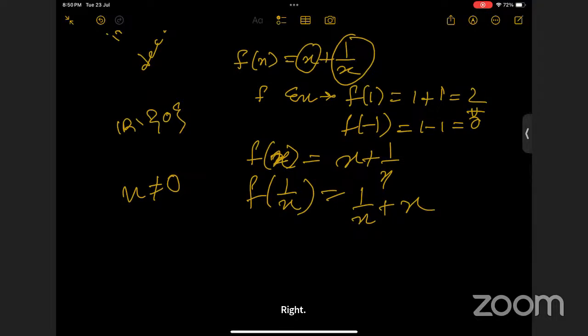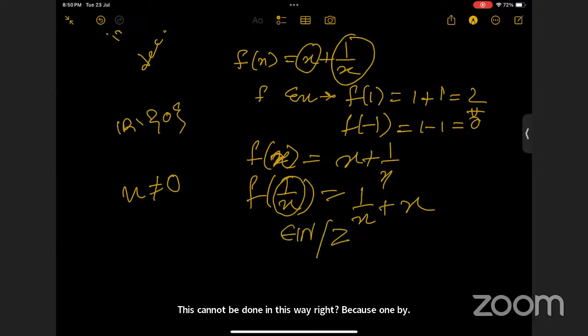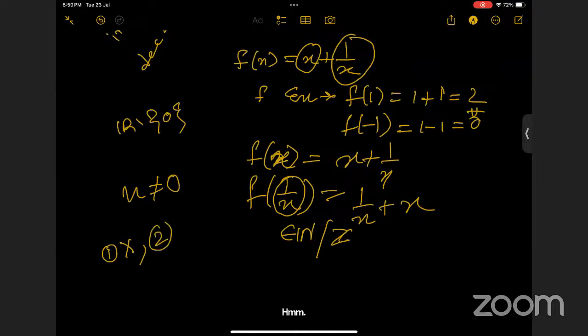But when we are taking natural numbers, this cannot be done in this way, right? Because 1 by x will not be a natural number or integer. So option 1 is wrong. Clearly we found an example, and option 2 is correct.